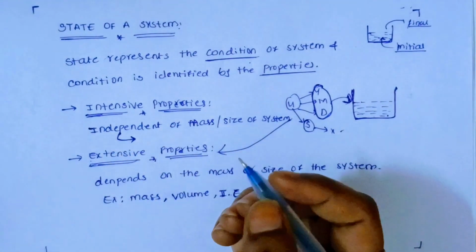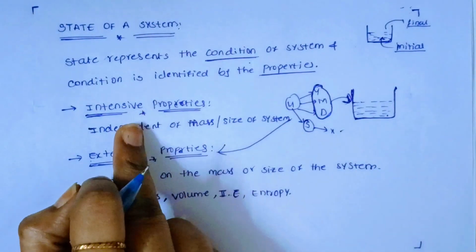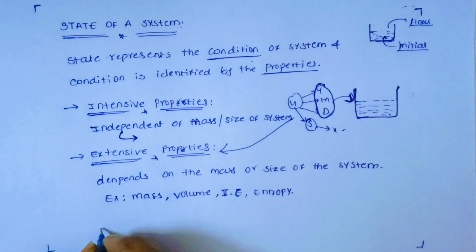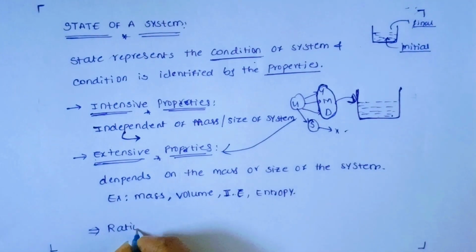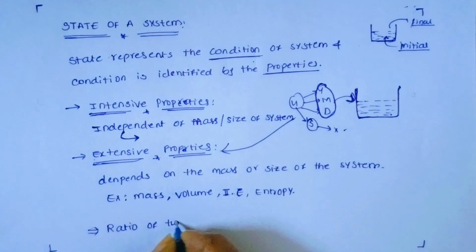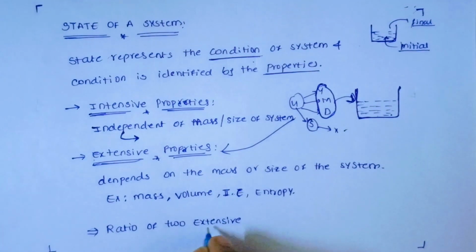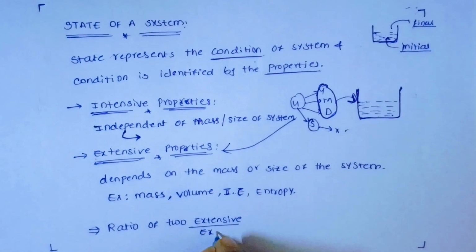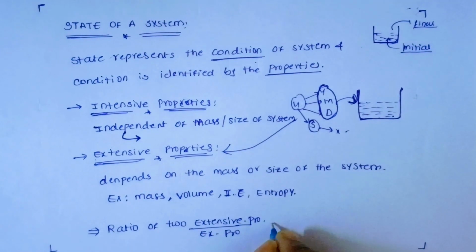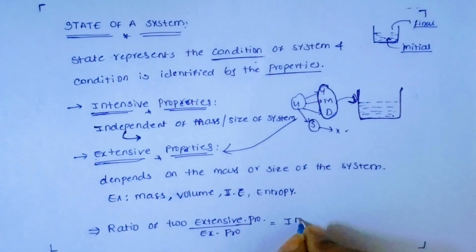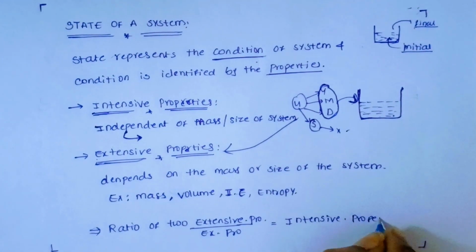And one more thing I will give. If we take the ratio of two extensive properties, that is called an intensive property.